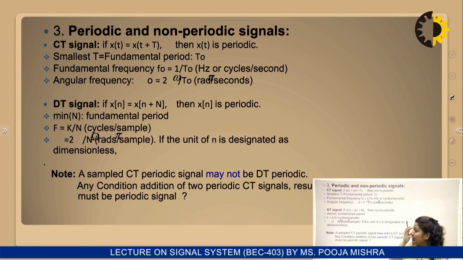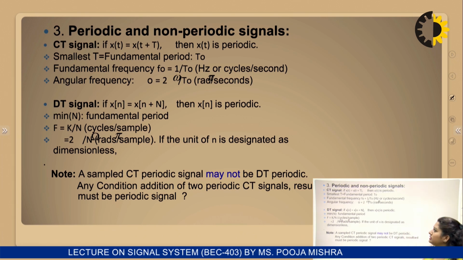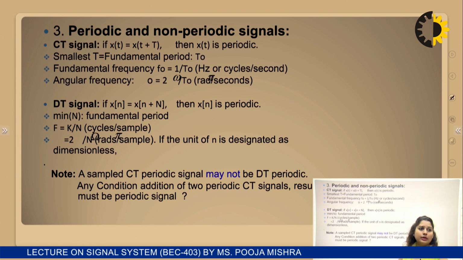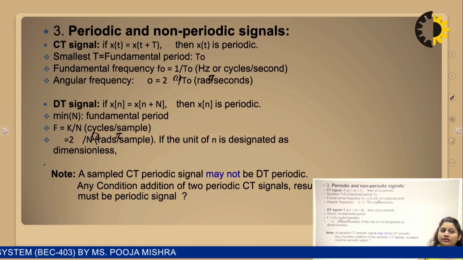The third category is periodic and non-periodic signals. If a signal repeats itself after a certain period of time, then those signals are called periodic signals, and obviously the necessary condition is that the signal must be from minus infinity to infinity.